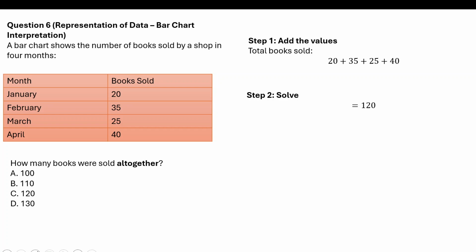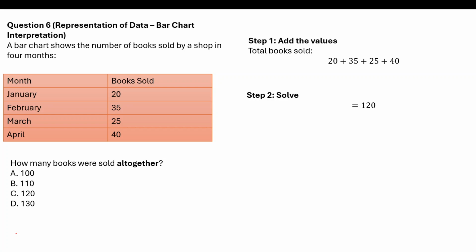It says, how many books were sold altogether? So we have options A 100, B 110, C 120, and D 130. So at this point, we will need to find the total number of books sold.